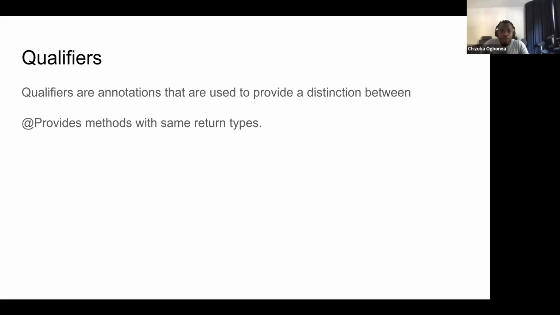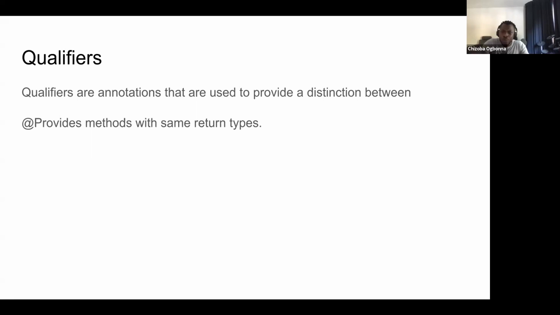And you have several URLs, because your app is connecting to a staging URL and a production URL. These two URLs are strings, and the way Dagger knows what you want to inject is by the return type. So which means you are going to have two providers that return string.